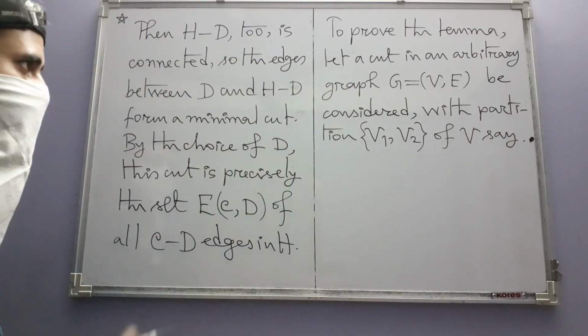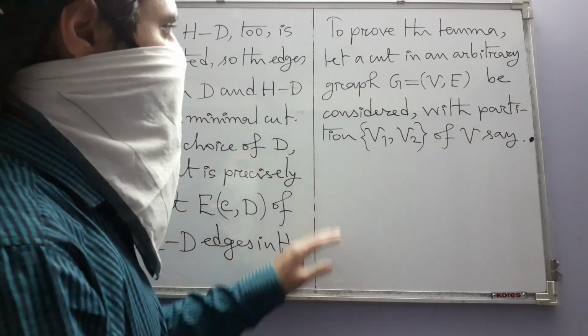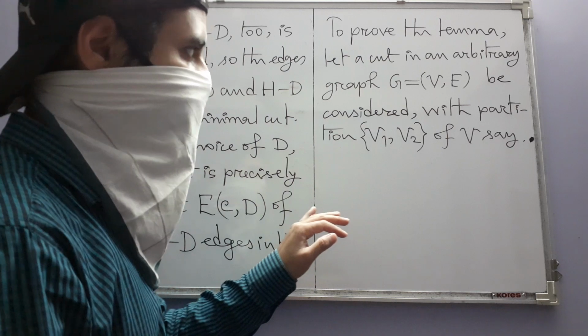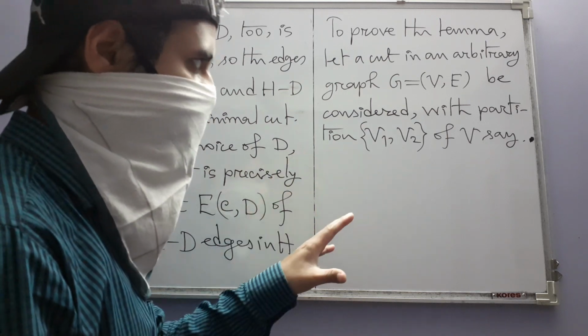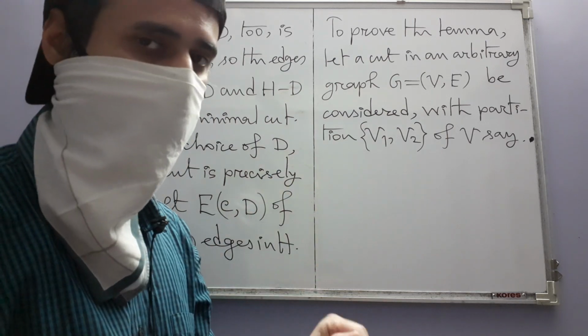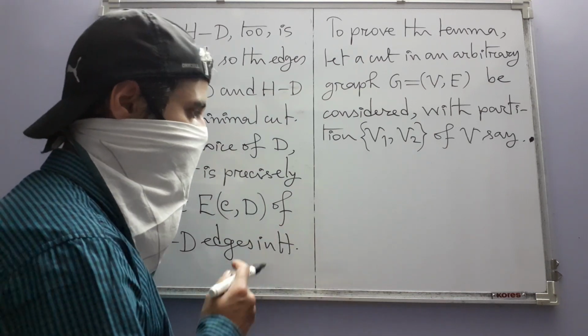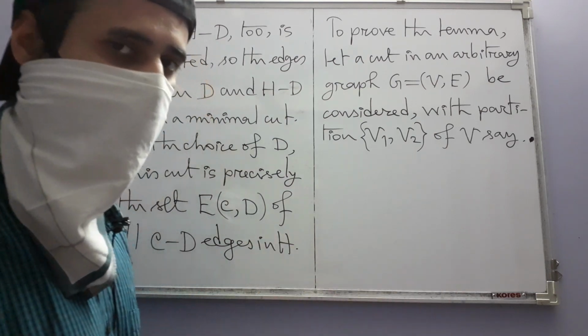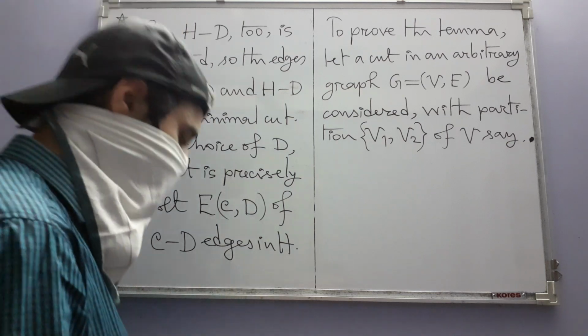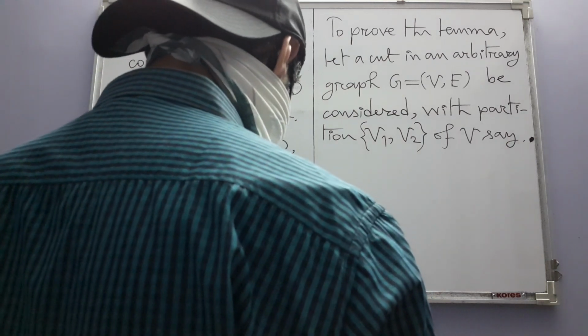Okay, so that means what is given? Such a cut is given means an arbitrary vector is given in the cut space. Now we need to show that this vector is a disjoint union of bonds in the graph.